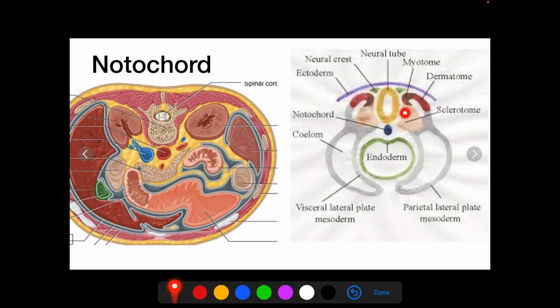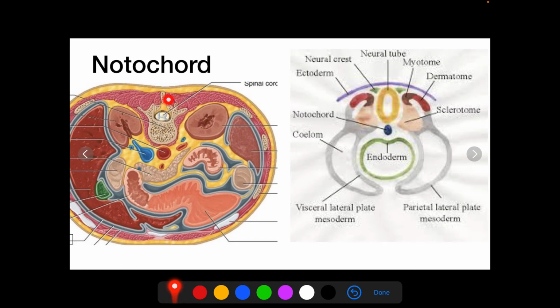we say that the paraxial mesoderm surrounds the neural tube. So the paraxial mesoderm forms the muscles around the vertebra and the bones, the continuation of the vertebra. And there is the neural crest.